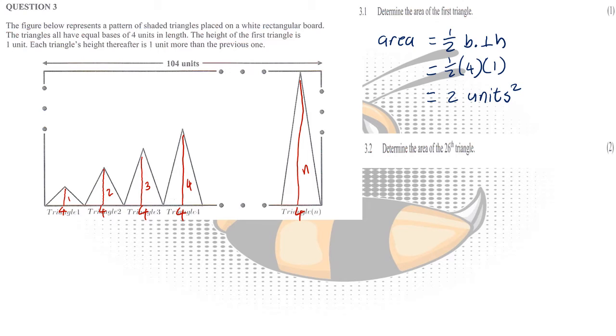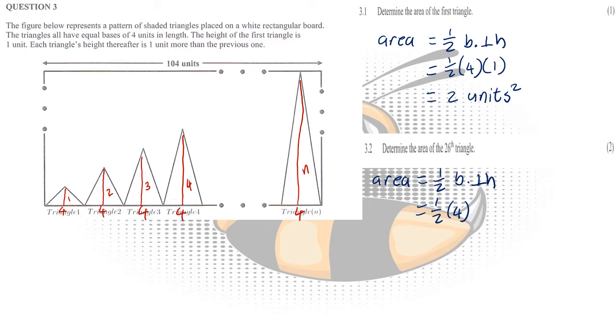Now question 3.2 asks you to determine the area of the 26th triangle. So again, we know that the area of any triangle is just half the base times the perpendicular height. And in this case, we already know that the base is 4 and the perpendicular height is where you now have to think a little bit.